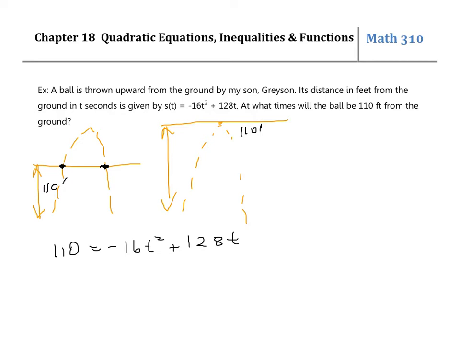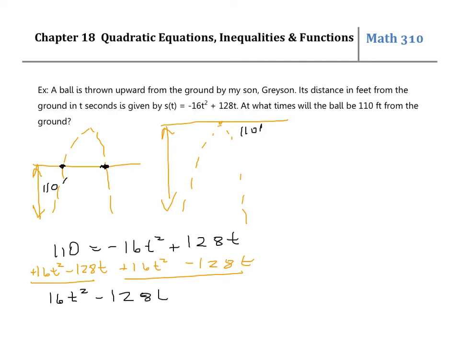Let's add 16t squared and subtract 128t from both sides. And here's what we are left with. 16t squared minus 128t plus 110 equals 0.